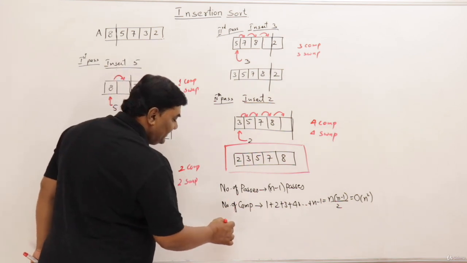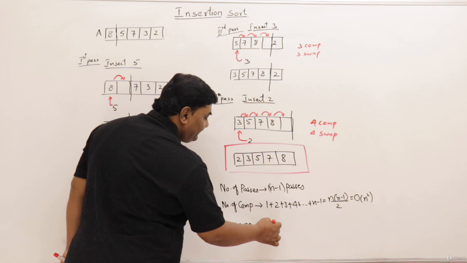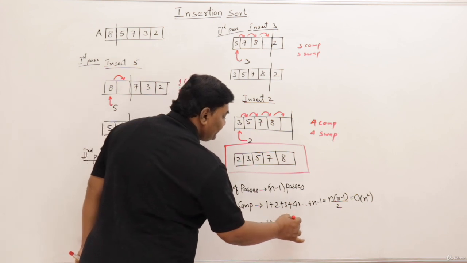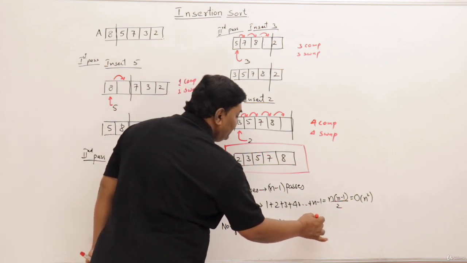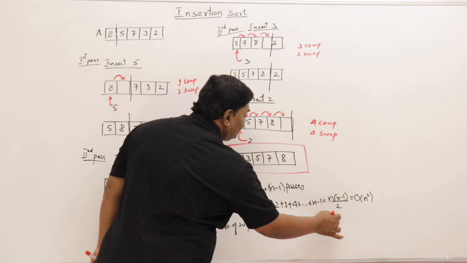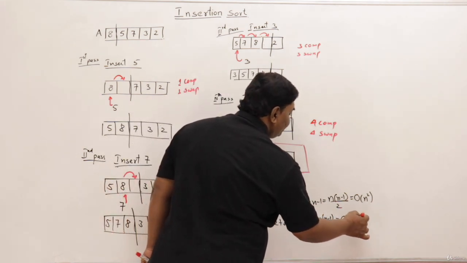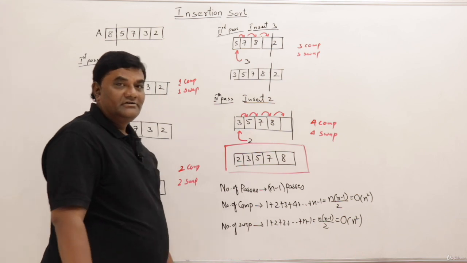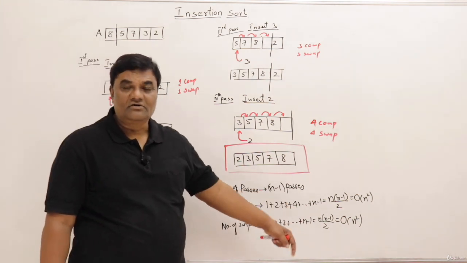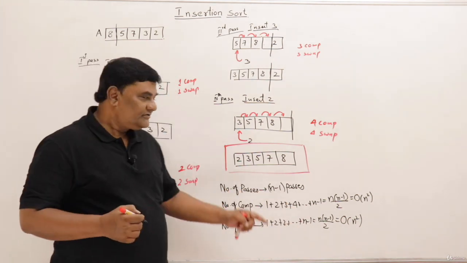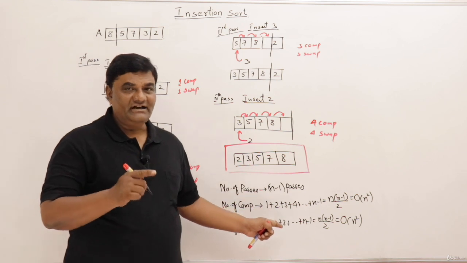So number of swaps for n elements will be 1 plus 2 plus 3 and so on up to n minus 1, and this is n into n minus 1 by 2. So this is n square swaps. So maximum swaps are order of n square. So this is about comparisons and swaps.